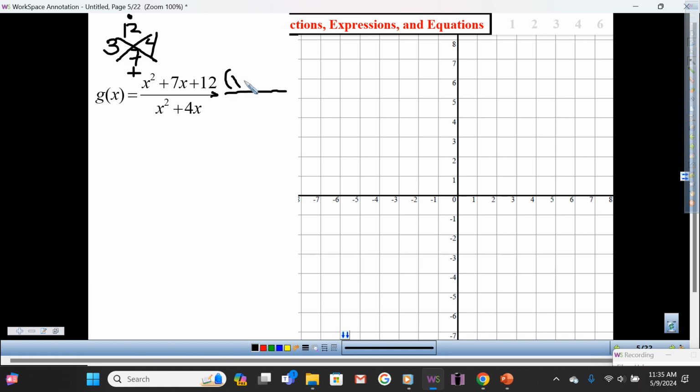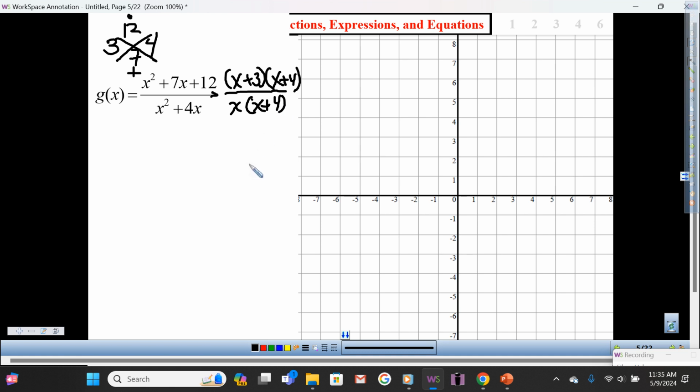So our factors are x plus 3, x plus 4. All right. Pass it to someone so they can help me with the denominator and factor that one. Jazzy, look at it. What can we factor from each term? Yes, an x. And if we took out an x, we're left with, yes, x plus 4. Okay, so far.